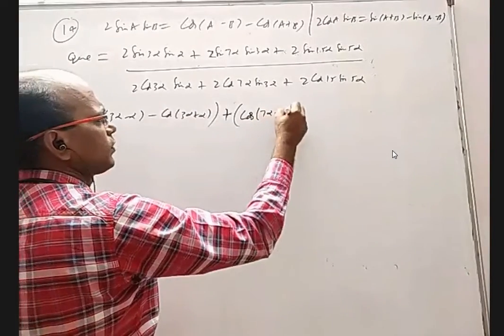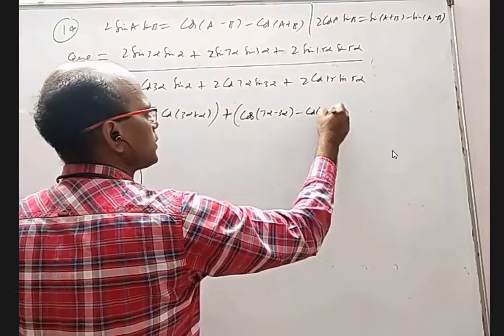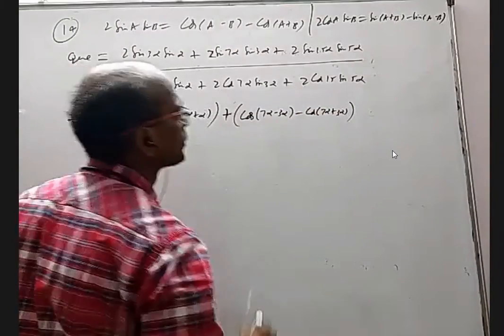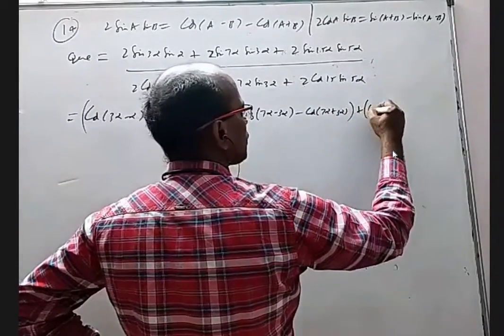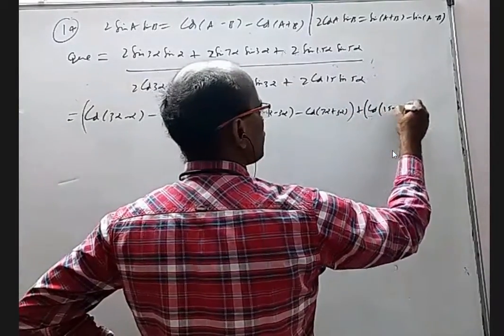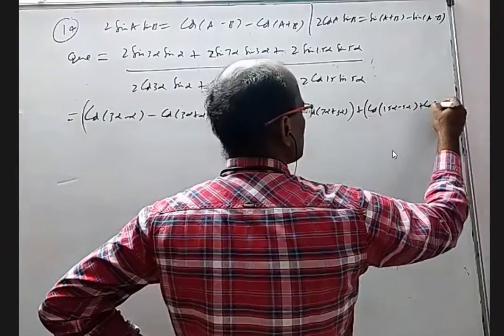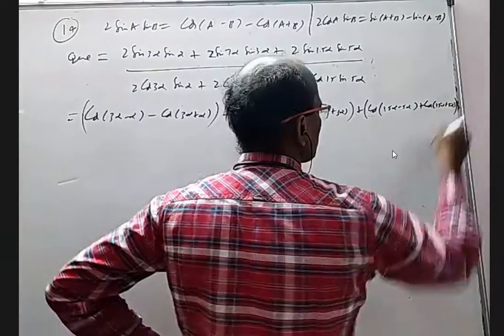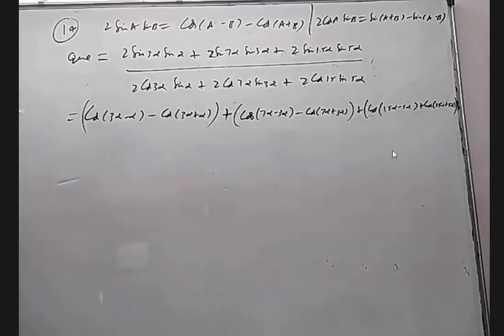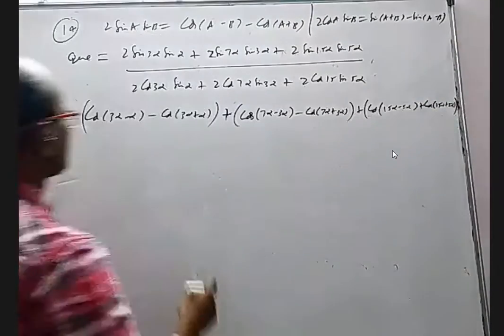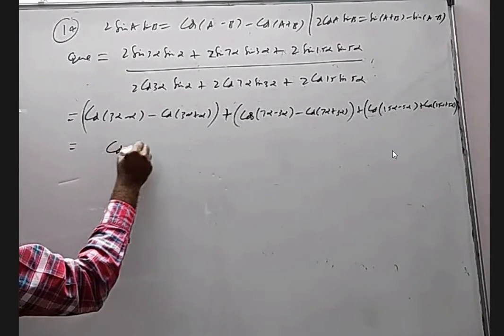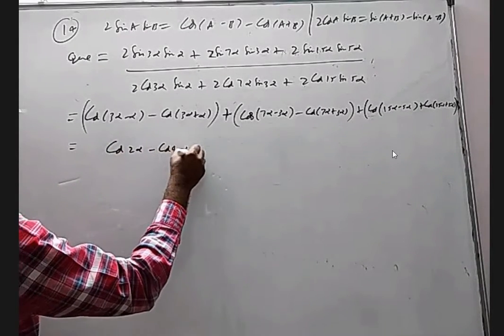It is cos (7 alpha minus 3 alpha) minus cos (7 alpha plus 3 alpha). This is also bigger angle A, smaller angle B. Cos (15 alpha minus 5 alpha) minus cos (15 alpha plus 5 alpha). I'll get 2 here, 4, 4 here, 10, 10 here, and 20. This is cos 2 alpha minus cos 4 alpha.